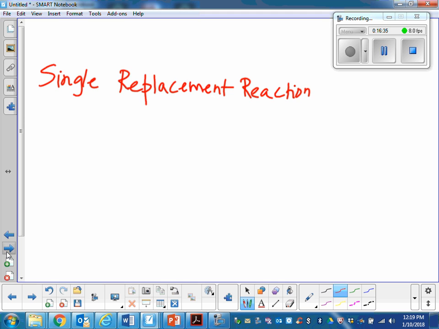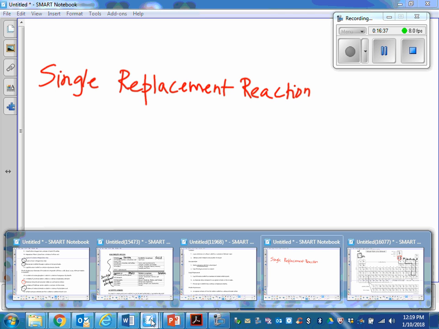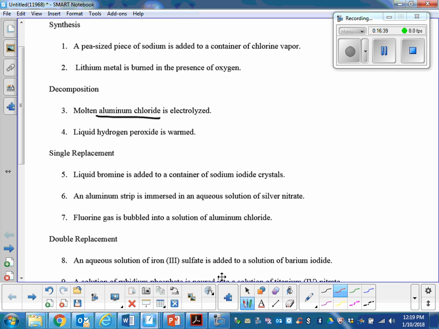Okay? Again, whenever you look at a single replacement reaction, you have to look at the substance that's given. It says liquid bromine. Is bromine a metal or a non-metal? Tyler, is bromine a metal or a non-metal? Where is bromine located on the periodic table?